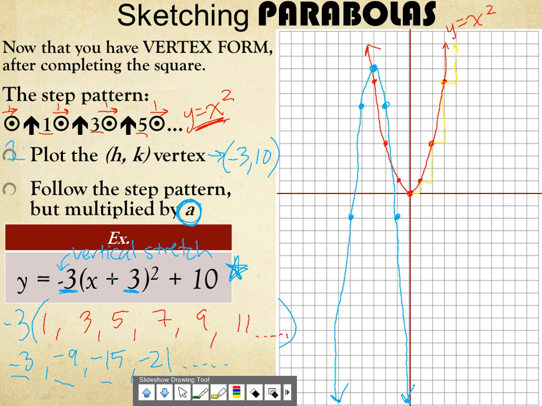Okay, creating that really skinny parabola. You'll notice that the blue parabola compared to the red parabola is skinnier, and it's also opening the other way. So its concavity is down, whereas the red parabola is concave up. That's the effect that -3 has on the front. It causes a stretch and a flip: a flip because it's negative, a stretch because it's a number larger than 1.